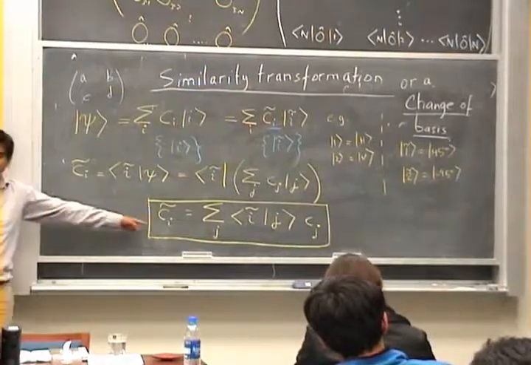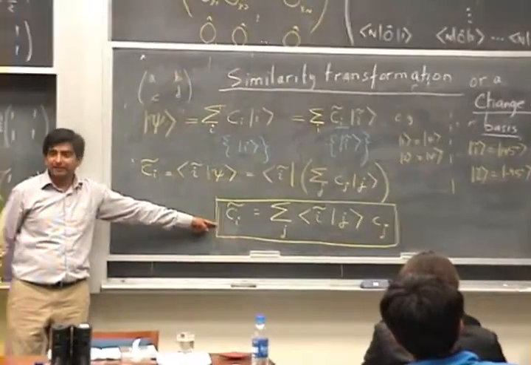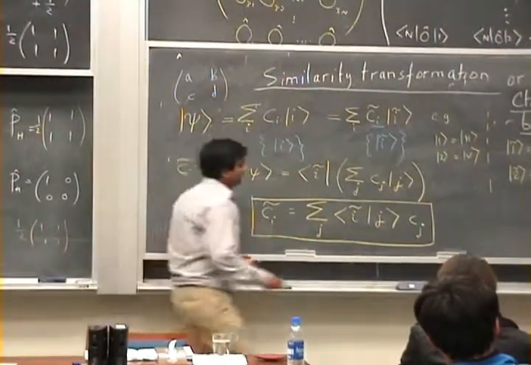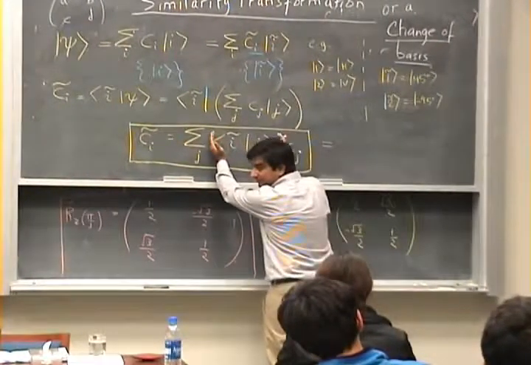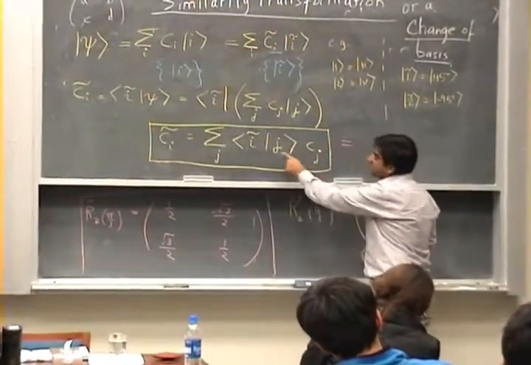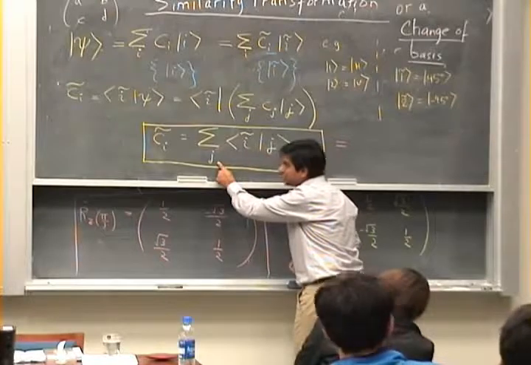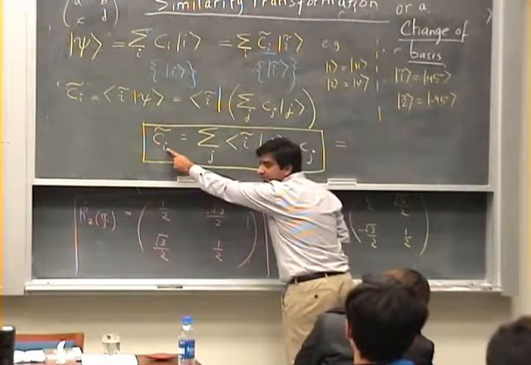Does this look like a matrix equation? Yes, it does. So this is a number. Okay? Look at the labels J and J here. And I'm summing up over all of J. And this is i tilde, which is just appearing here.